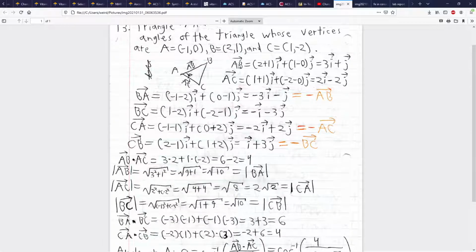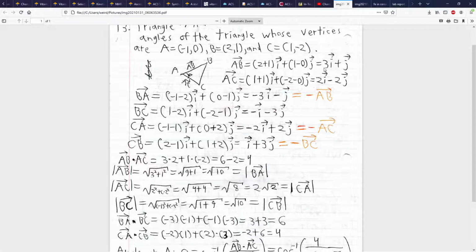Like in the last section, you do it the old way: you subtract the beginning point from the end point. So for AB, it's B minus A's components. 2 minus negative 1 is 2 plus 1, that's 3i, since it's x. The y coordinates are 1 minus 0, which is j, of course.